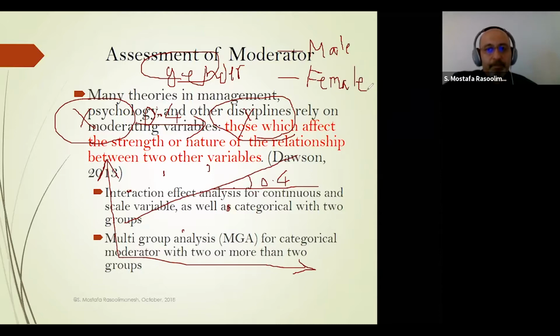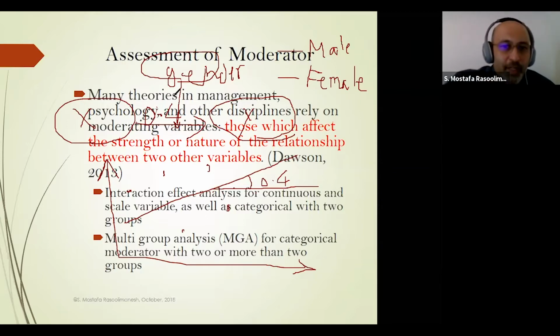This is the schematic representation of a moderator: we connect an arrow from the moderator to the relationship. When we introduce gender as a moderator for this relationship, we believe the effect of x to y should be significantly different for male and female.